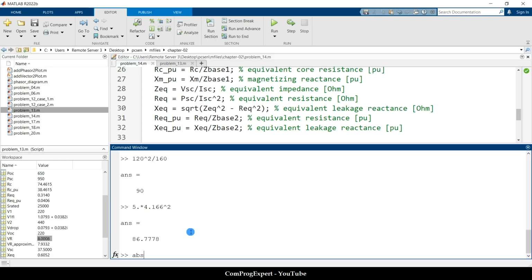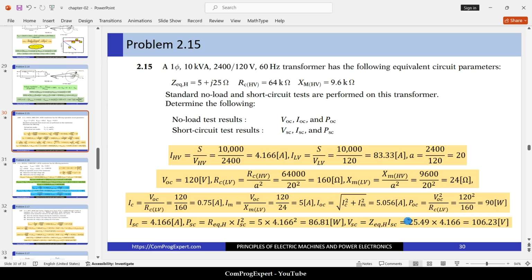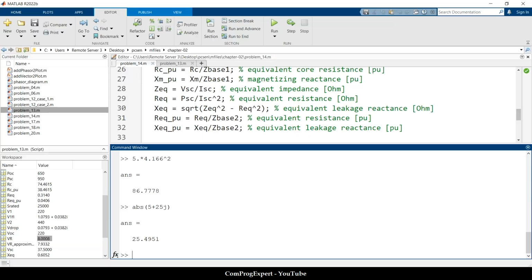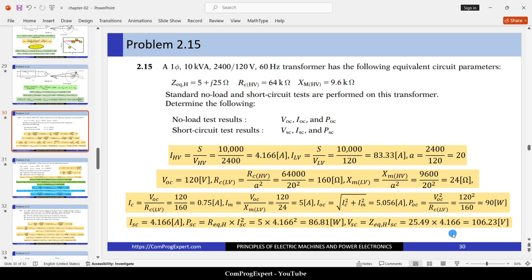So what is the absolute value of 5 plus 25j? 25.49 times 4.166 is equal to 106.2.